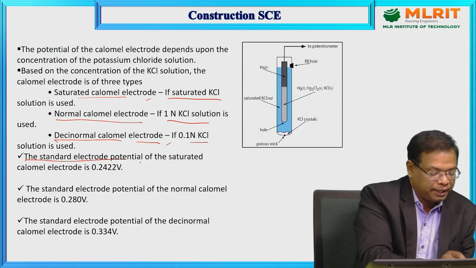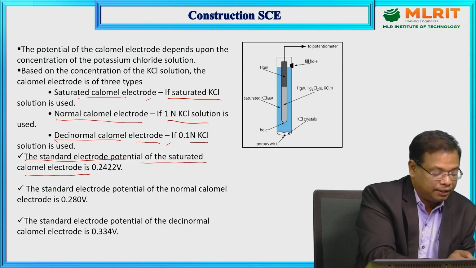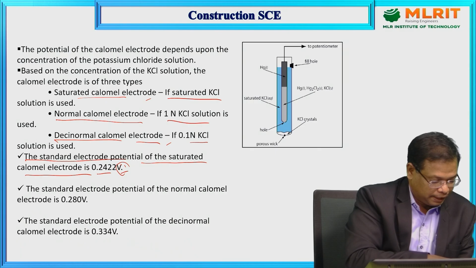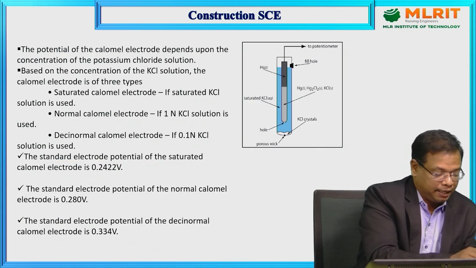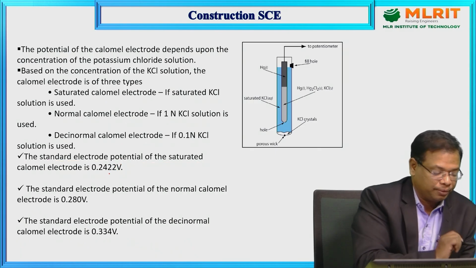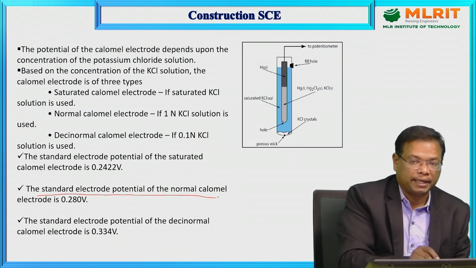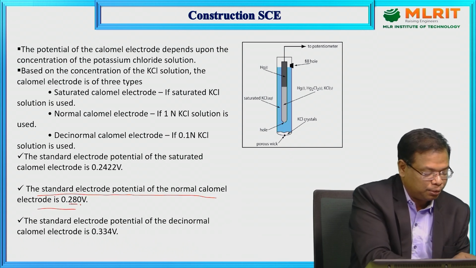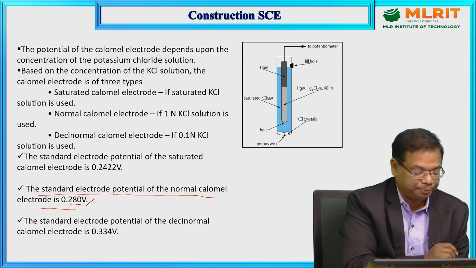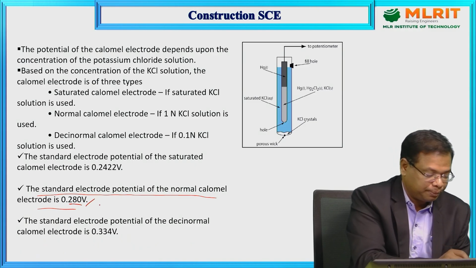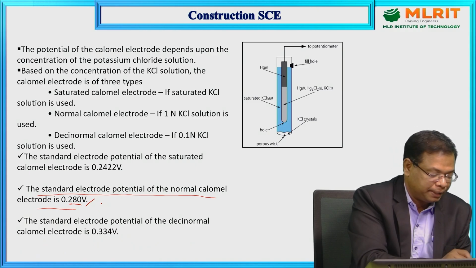The standard electrode potential of the saturated calomel electrode is 0.2422 volts. The standard electrode potential of the normal calomel electrode is 0.280 volts. These are practically determined values.